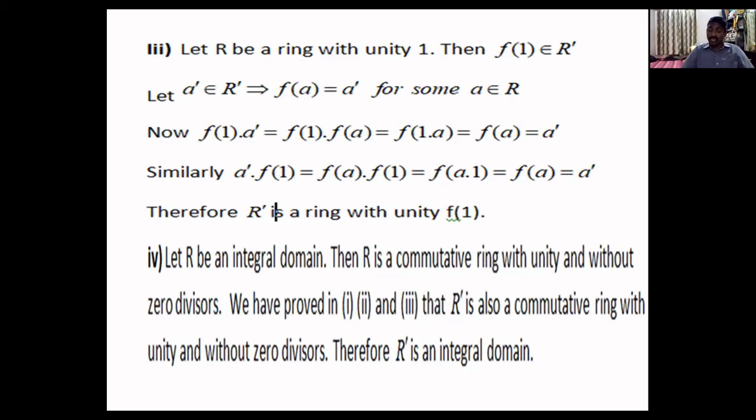We have to prove that the ring R dash is commutative with unit element and has no zero divisors. Let R be an integral domain. Then R is a commutative ring with unity and without zero divisors. We have proved in 1, 2 and 3 earlier cases that R dash is also a commutative ring with unity and without zero divisors. Therefore, R dash is an integral domain.